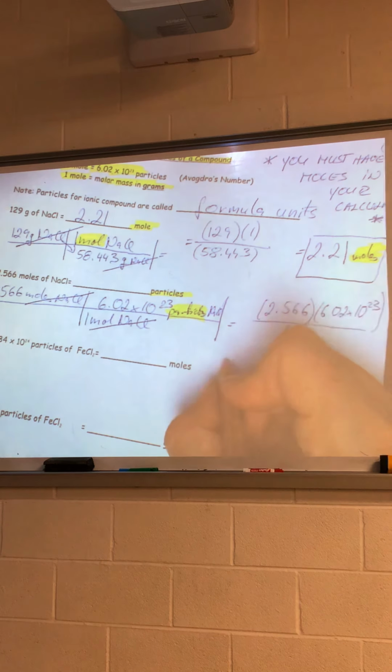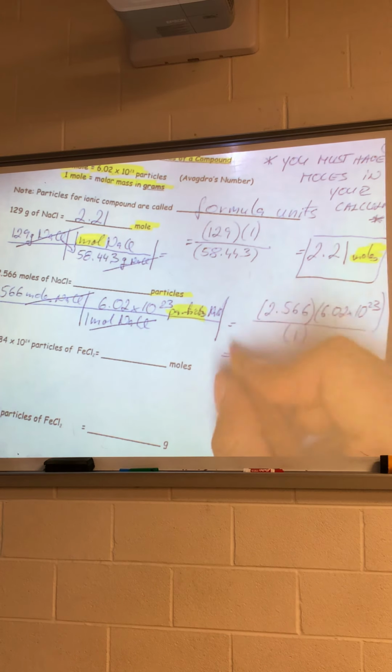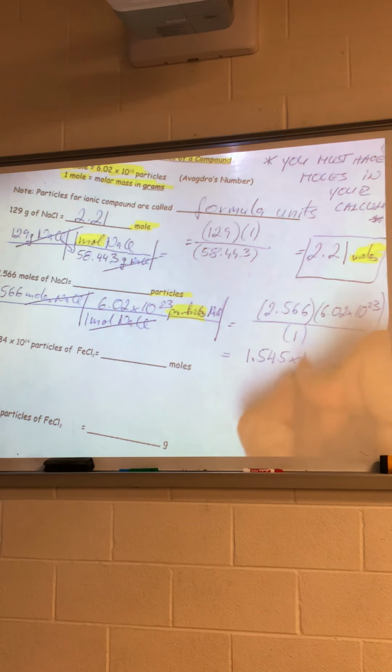And class, what did you get as an answer? 1.545 times 10 to the power of 24 particles.